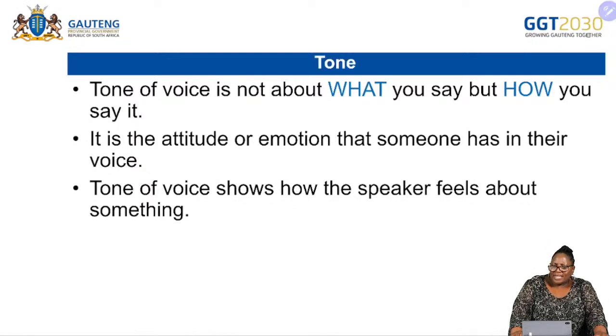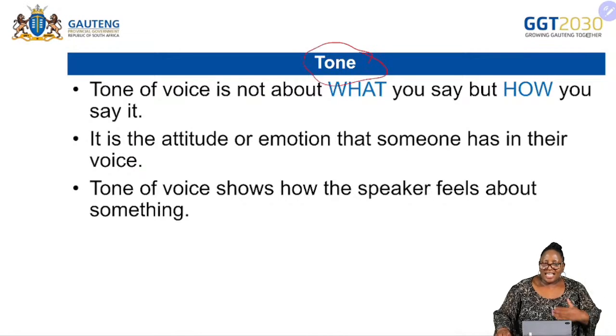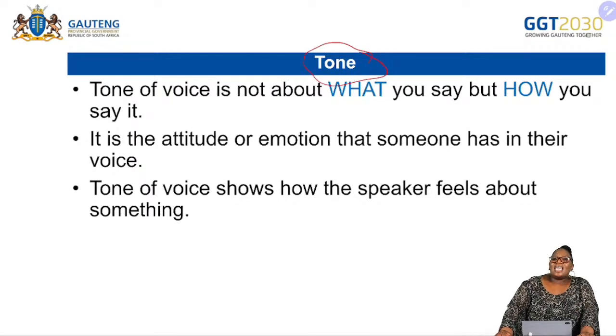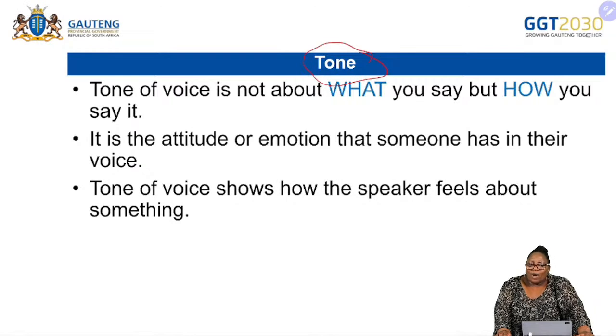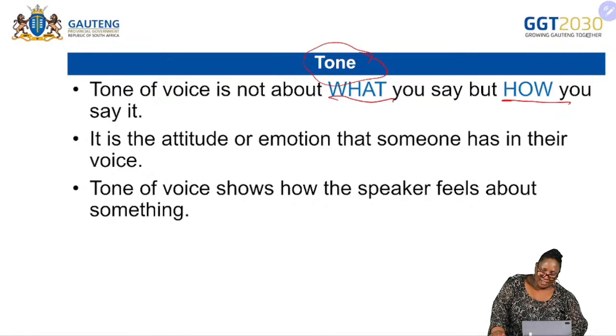Now let's look at tone. A tone of voice. What is tone? How you say words, isn't it? They say, it is not about what you say, but how you say it. When you are angry, you use words differently.